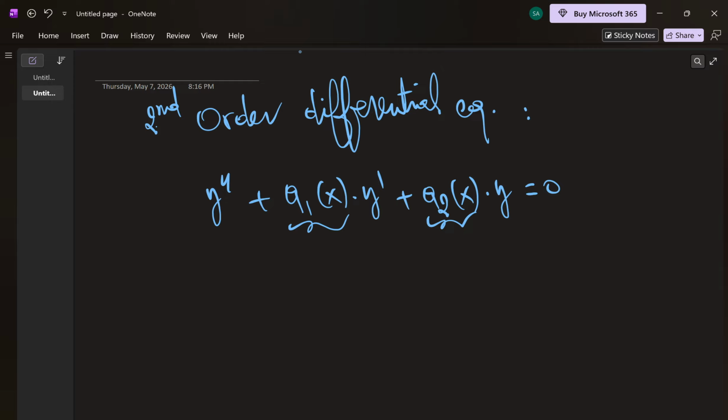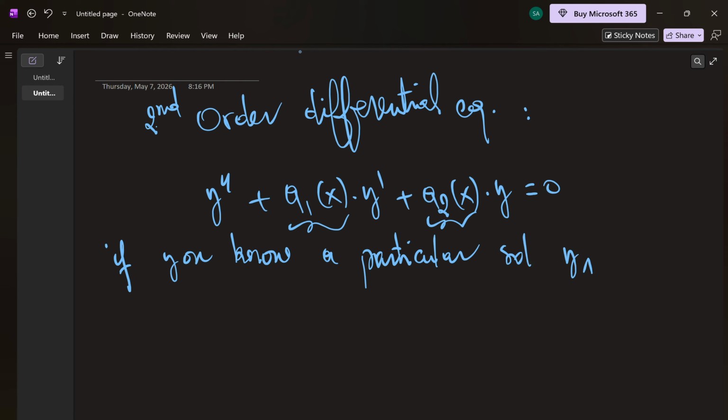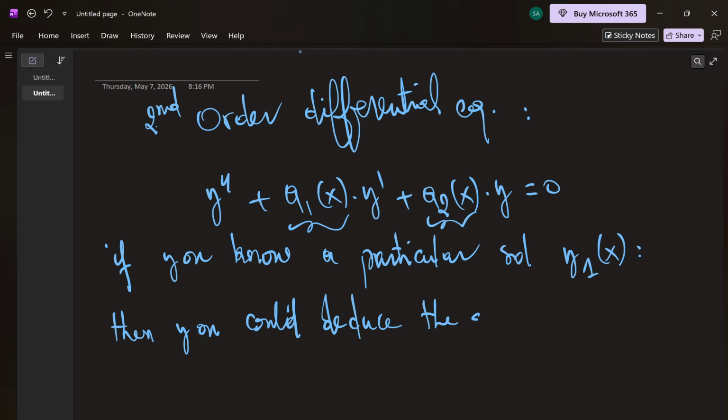yesterday a method that if you know a particular solution, say y1 of x, then you could deduce the second particular solution with this formula.